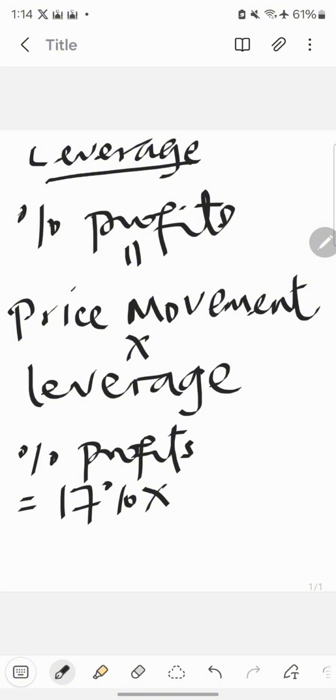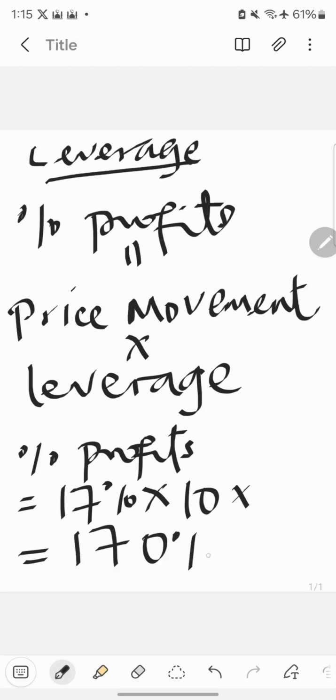For me personally, I use 10x. So with the 10x I use, if you check, you see me having roughly 170%. That is the percentage of my profit. So you see how price movement is related to our leverage. I hope you are getting this.